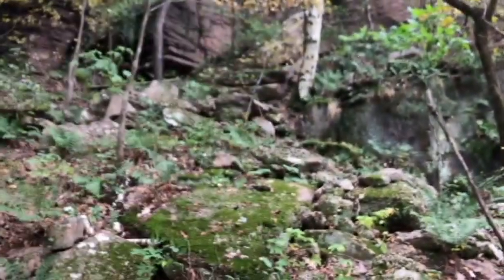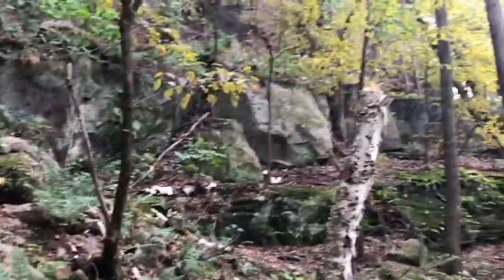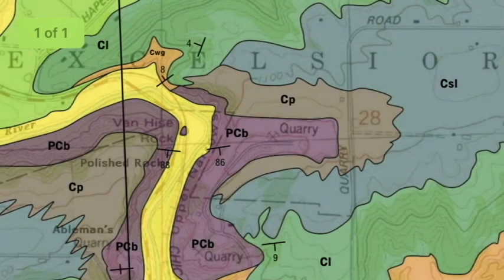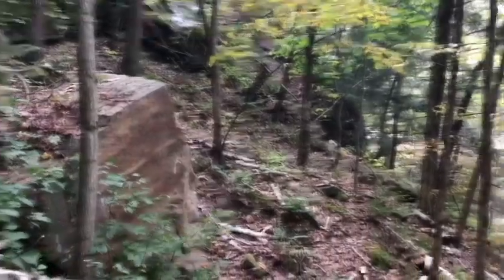As I make my way down and around, you can still see that we have conglomeratic sandstone up top here, with sandstone here and here. I'm still looking for the contact.